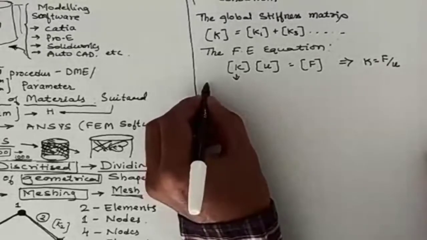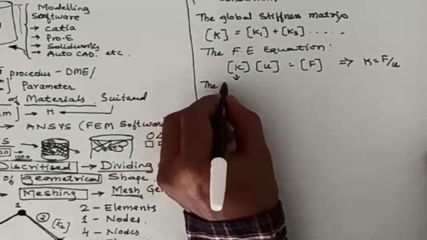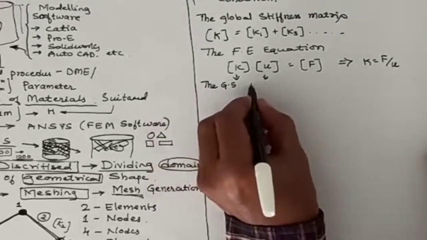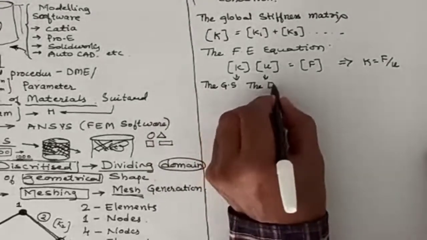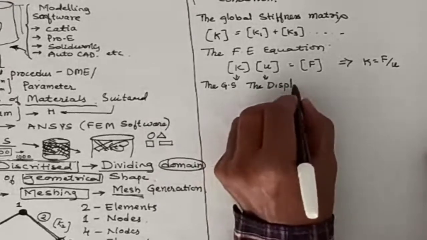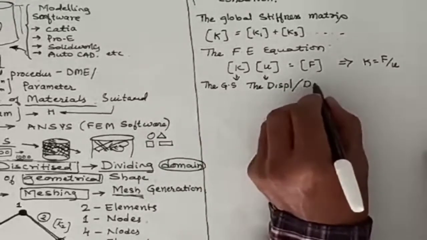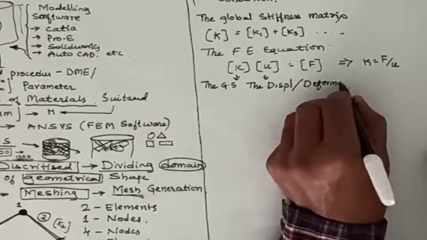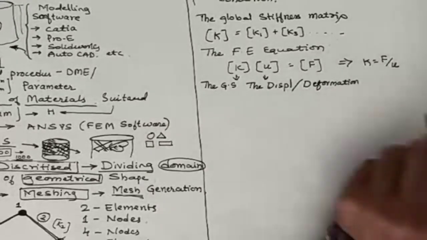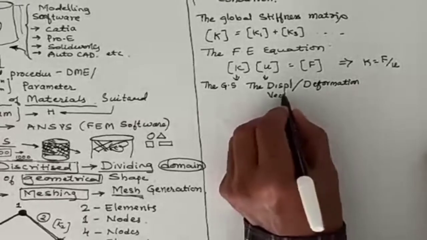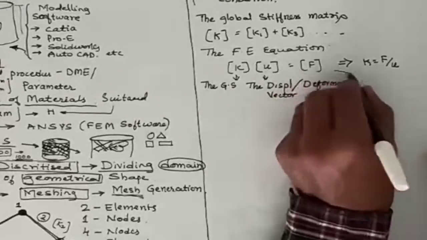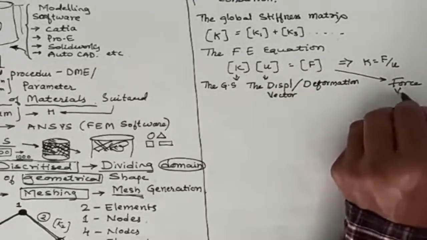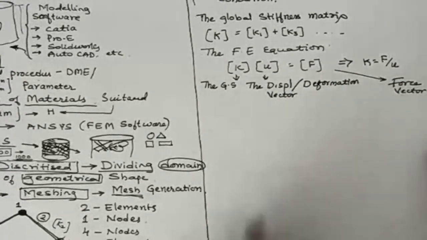K is called the global stiffness matrix, and U is called the displacement or deformation vector or matrix, and F is called the force vector. Okay, so one by one you will learn. It will be a little confusing in the starting.